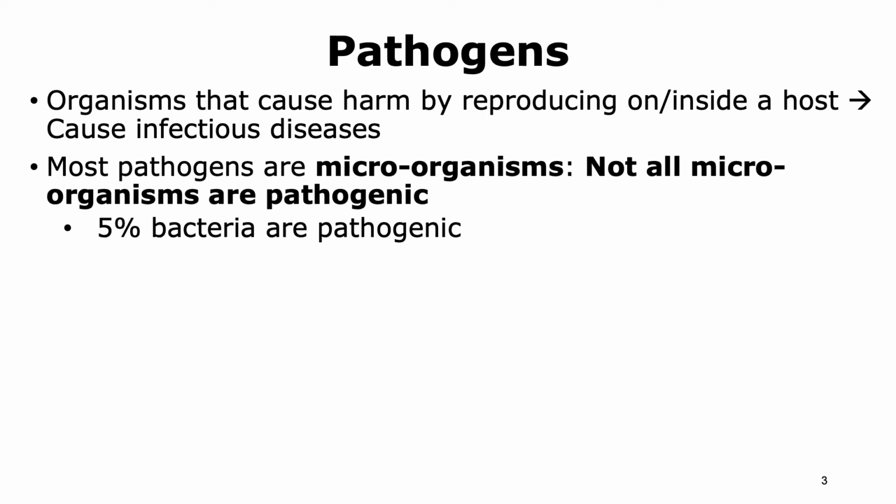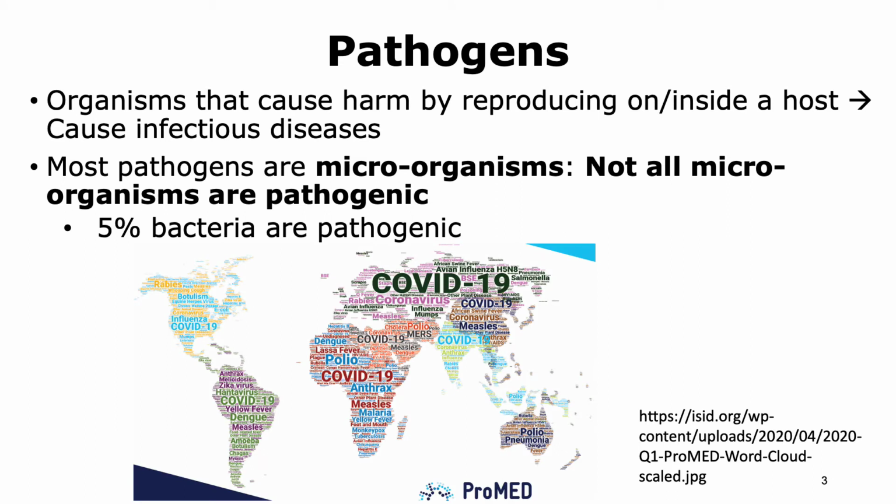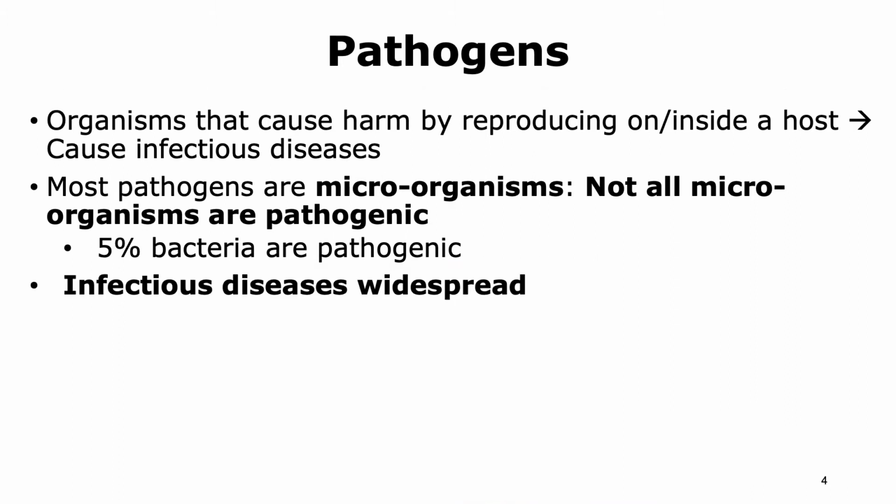Here we can look at a map of the world and all the different diseases that are there. And so we can see that almost every part of the world is affected by pathogens. Thus, infectious diseases are widespread throughout this world.